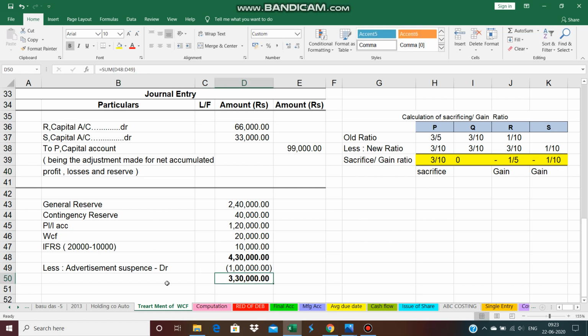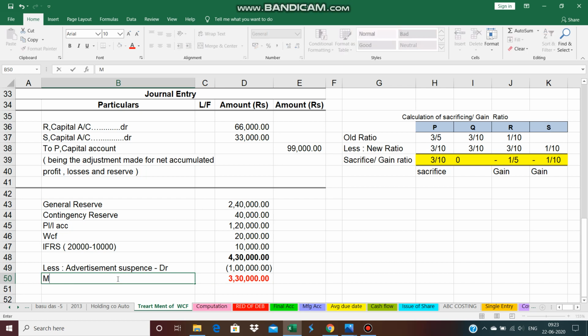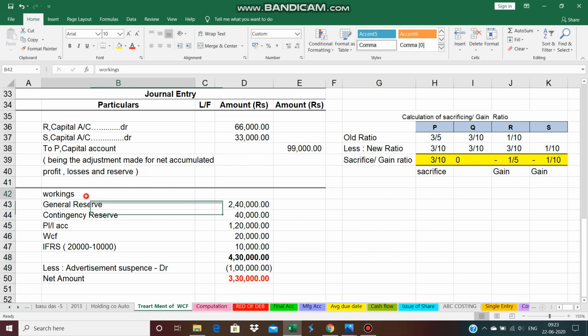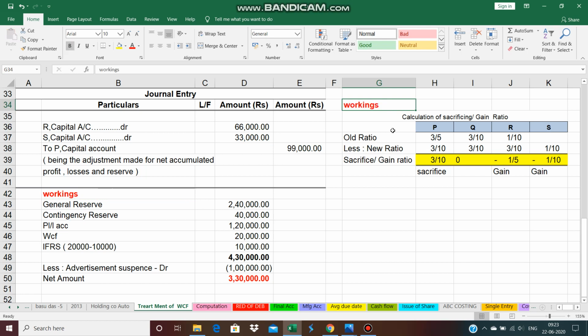This is the net amount, the net accumulated amount. So this is the workings, this is also workings.